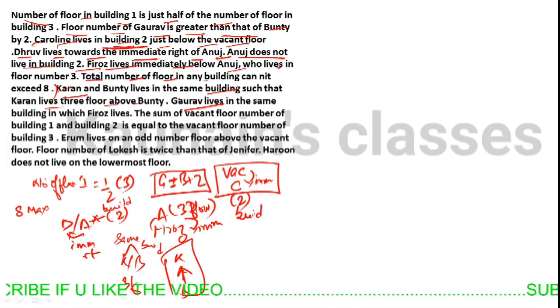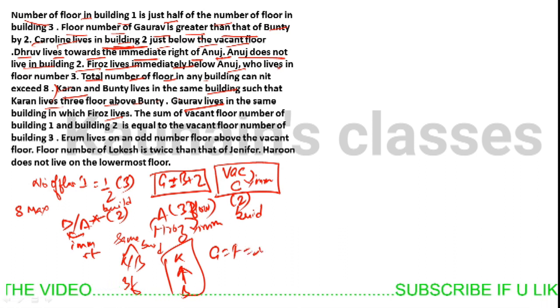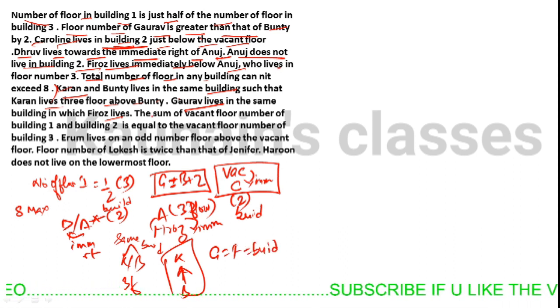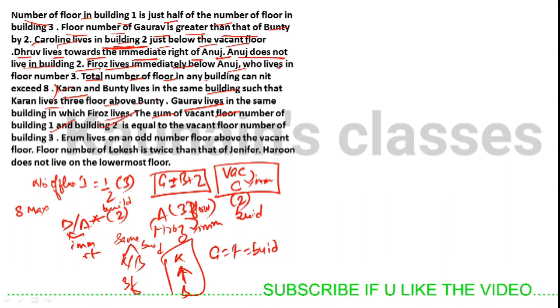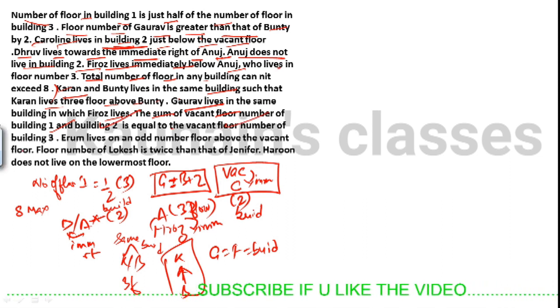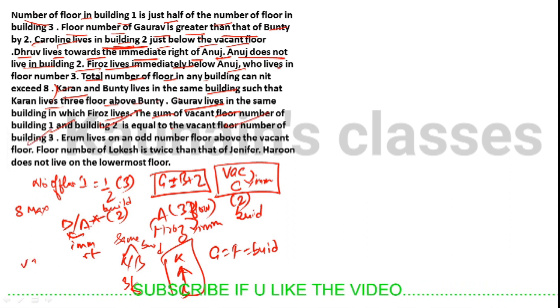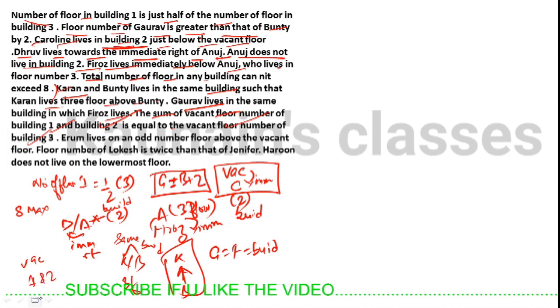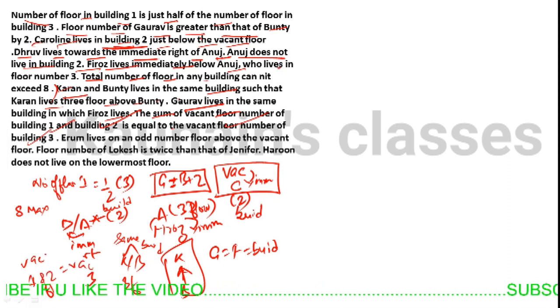Gaurav lives in the same building in which Firoz lives. Okay, the sum of the vacant floors of 1 and 2 is equal to the vacant floor of 3. Okay, this is our hint.